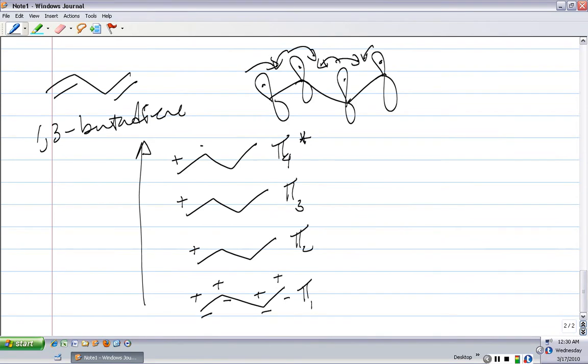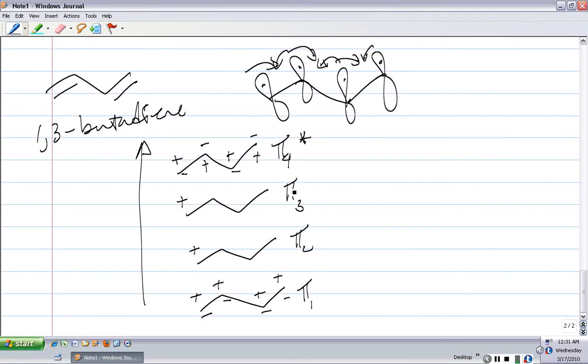So I'm going to have plus, minus, plus, minus. So I can always do the lowest energy molecular orbital, my LOMO, and I can always do my highest unoccupied, my HUMO. I can do those blind. The question is, what happens to pi 2 and pi 3? How are their phases distributed?